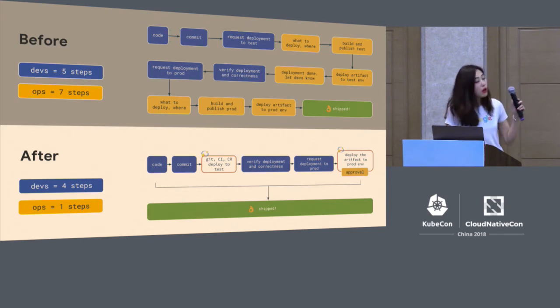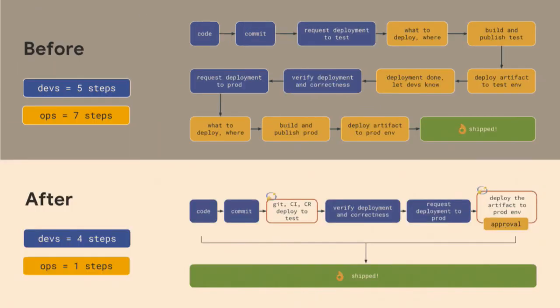As you can see, in the old workflow, the developer has 5 steps to do with 4 steps as their core tasks, and operators have 7 steps with only 1 step that is their core task, which is what we mentioned in the second slide. In our proposed solution, however, we have automated the workflow, so the developers and operators only need to worry about the core tasks.